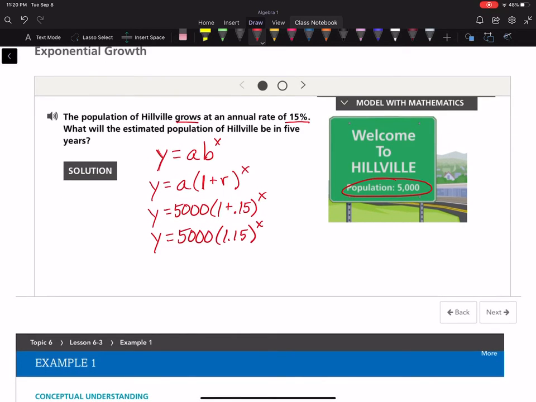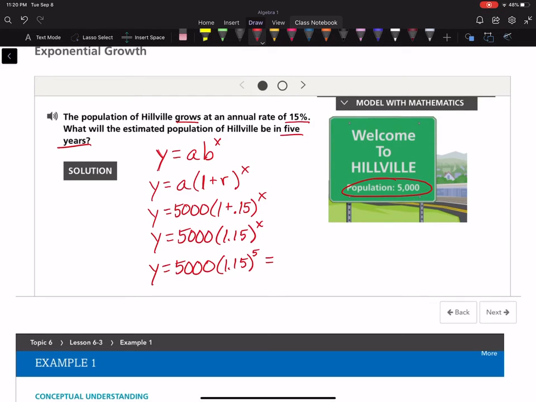And they want us to know what's the estimated population in 5 years. So basically all you have to do is plug in 5 for x. So y equals 5,000 times 1.15 to the 5th power. If you put all of that in your calculator, you will see that you get, let's see here. Let me plug it in my calculator.